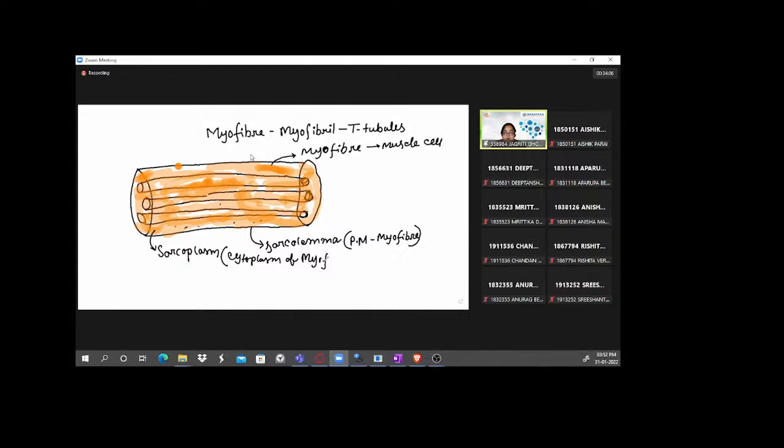This structure is present on both sides of the plasma membrane, or sarcolemma. It is open from the outside but not from the inside. These structures are called T tubules.